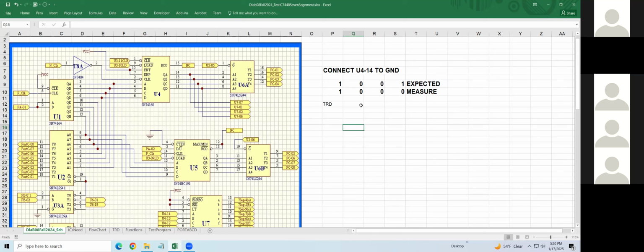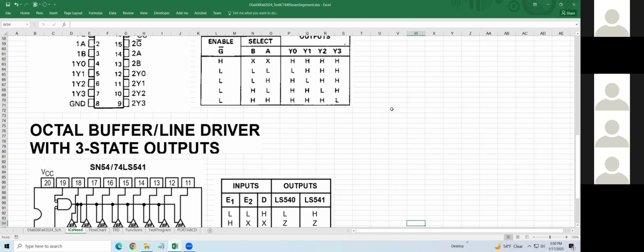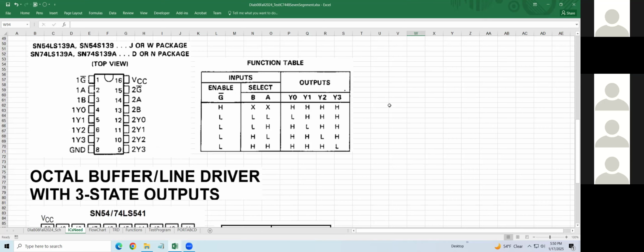So the next lab I'm working on right now is about the memory. Everything is already given to you, the information of the IC.